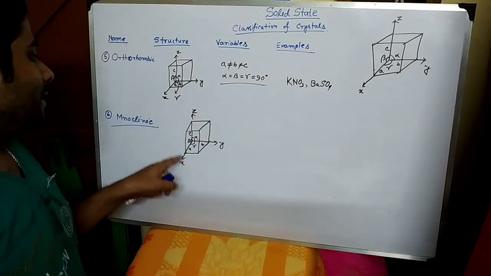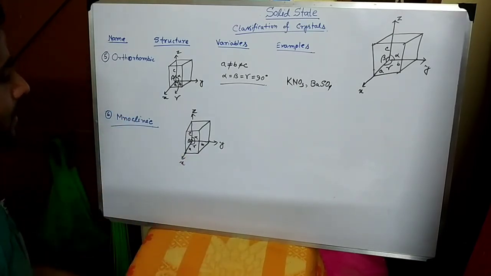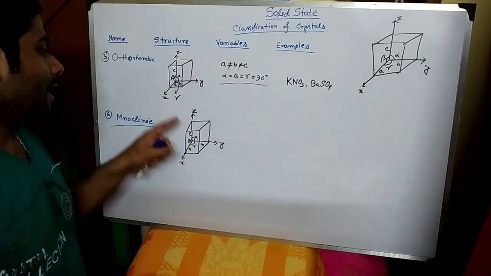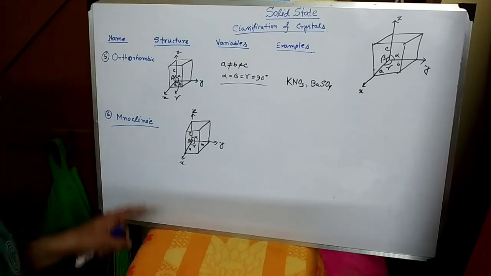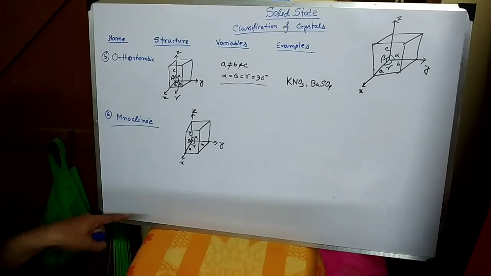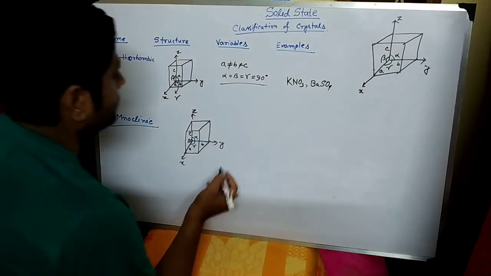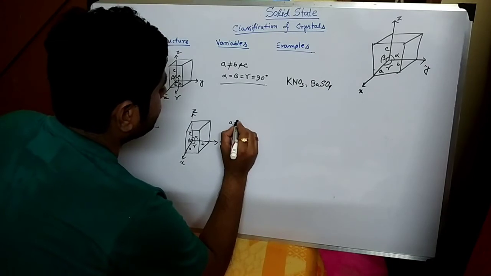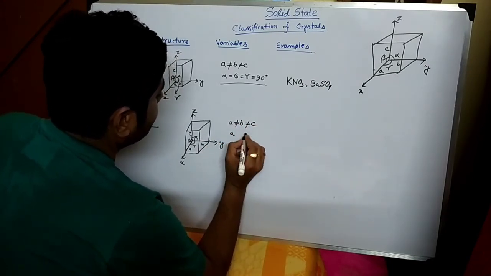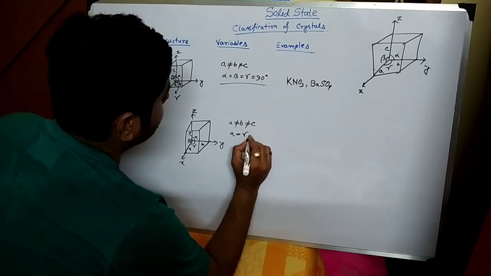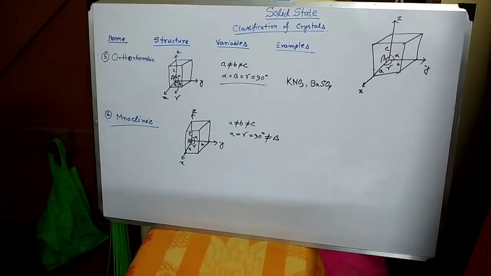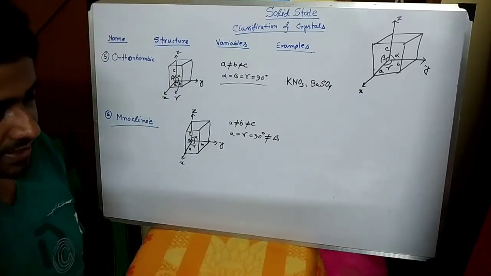So what is the restriction for the parameters? A, B and C are not equal, and the angles alpha and gamma are equal, and equal to 90 degree, but beta is not equal to 90 degree. So that is A not equals B not equals C, but alpha equals gamma equals 90 degree not equals beta.